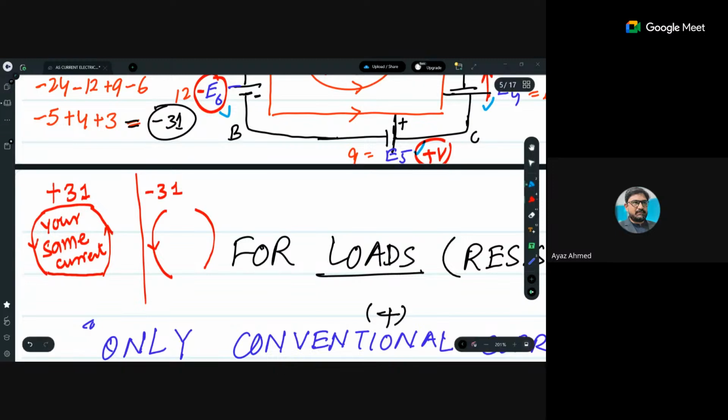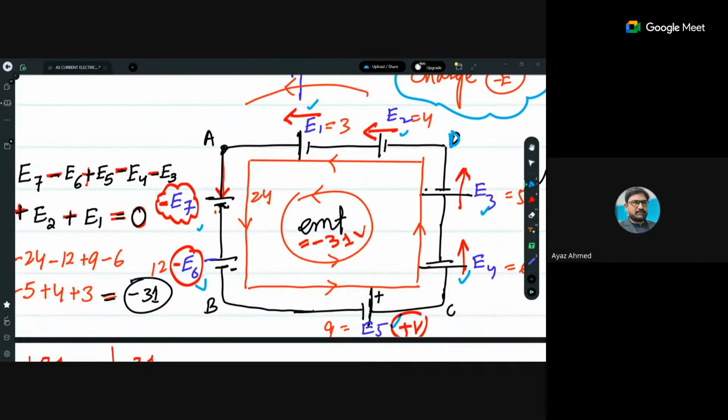Because the batteries are letting the current flow in this direction, and you have selected something else, so your direction is opposite to the current. Let's make it clear over here: all these batteries are connected in such a way that their overall effect is 31 volt, but the direction of the current in the circuit will be this way.